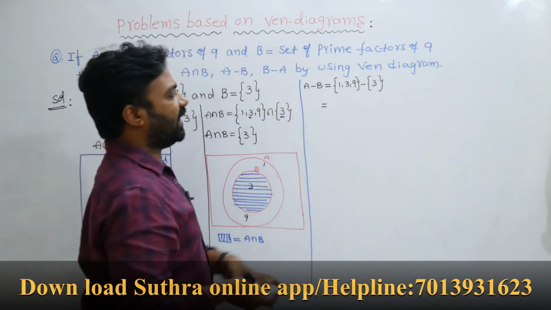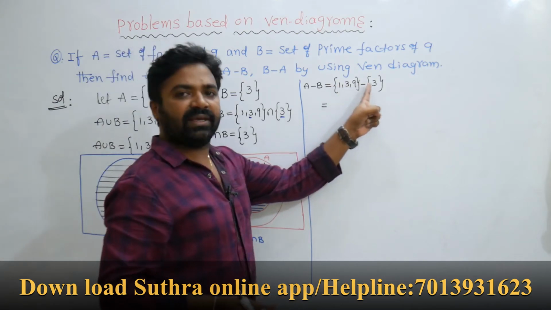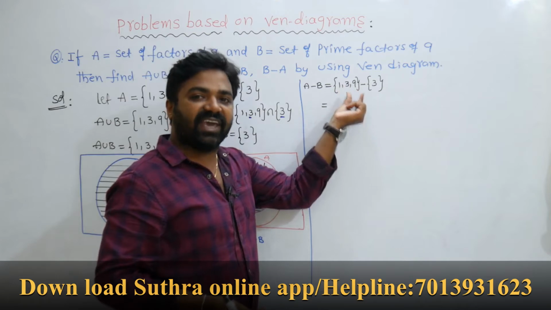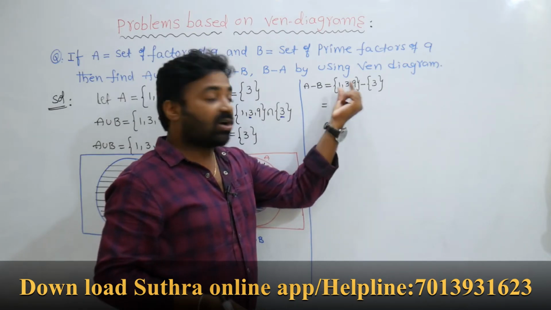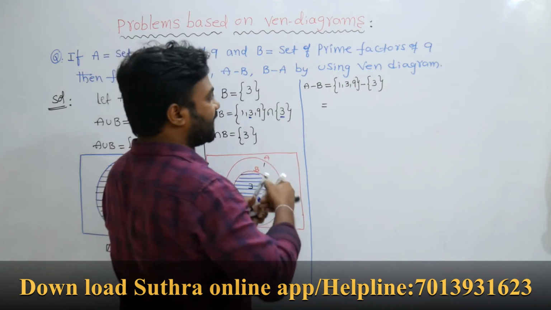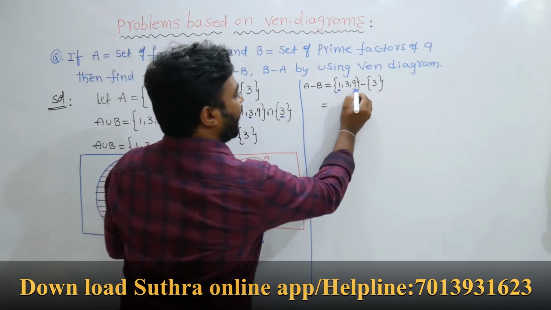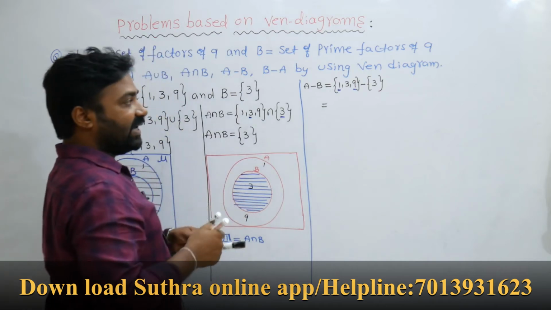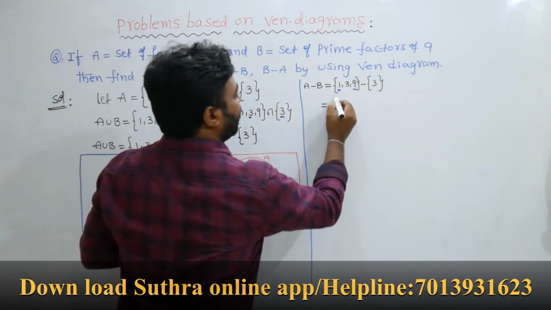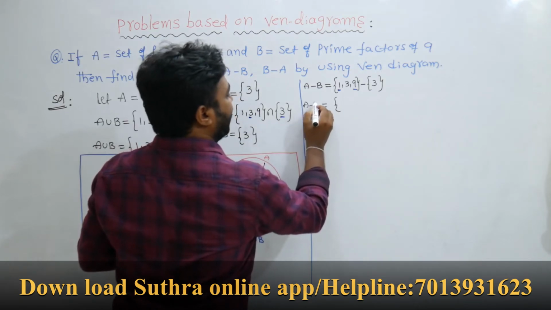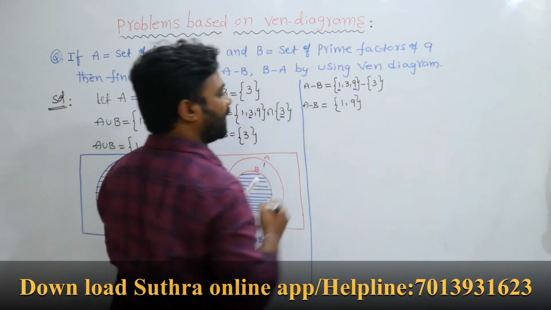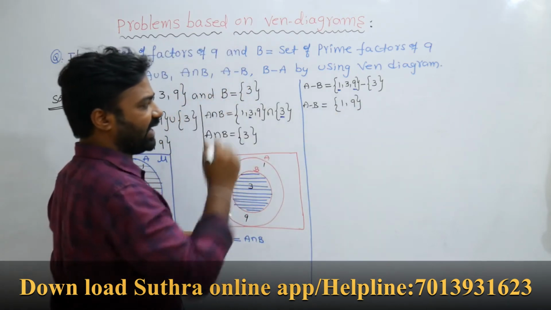A minus B is nothing but the elements of A set except the common elements. Here except the common element, A set has 1 and 9. That part is A minus B. Now A minus B equals only 1 comma 9.